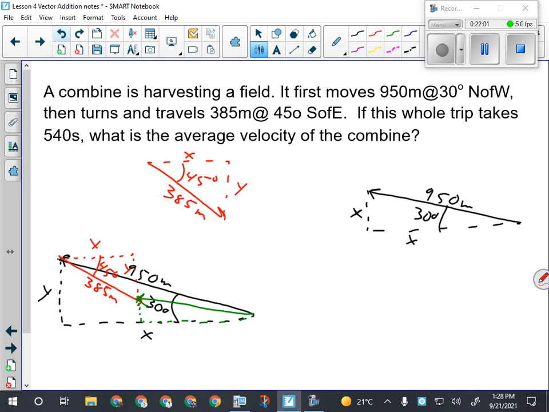I can draw those triangles, and I don't have to put them tail to head. Okay? We call this the separate triangle method, because Mr. Dickey made it up. So the name fits.